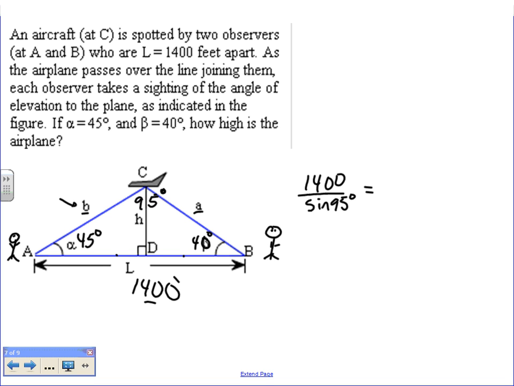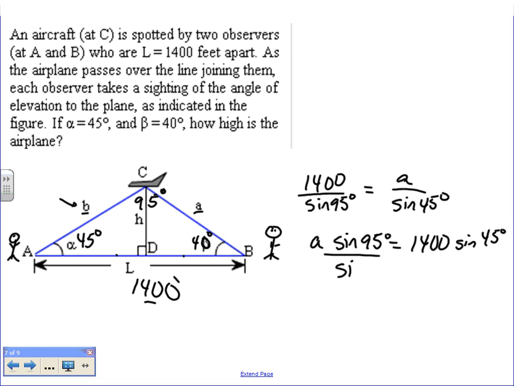So I'm going to do the A. So it'd be A over the sine of 45. Okay, so let's cross multiply. We get A times sine of 95 equals 1400 times sine of 45.